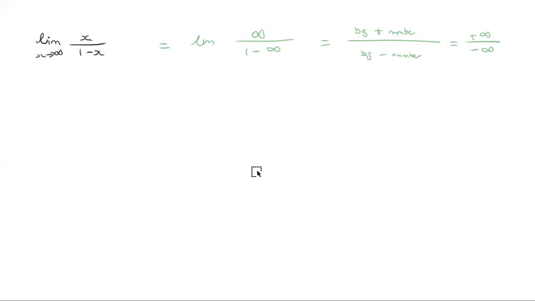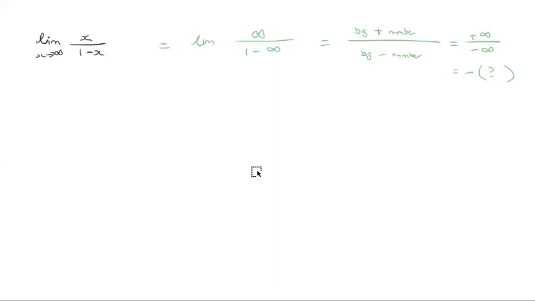Now, we know positive and negative is going to give us a negative. That's not a problem. We can easily get that. But the question is, what number are we going to get? 1. Well, that probably is the correct answer here, but do you really know it's 1?